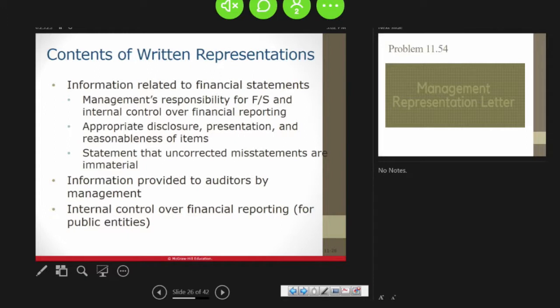They assert to the auditor that we provided you with access to all additional information that you requested from us for the purpose of the audit, that they've given the auditors unrestricted access to people within the entity in order for the auditor to obtain evidence, that the transactions have been recorded in the books and records and are reflected in the financial statements, and they disclosed to them the results of their assessment of the risk that the financial statements may be materially misstated as a result of fraud.